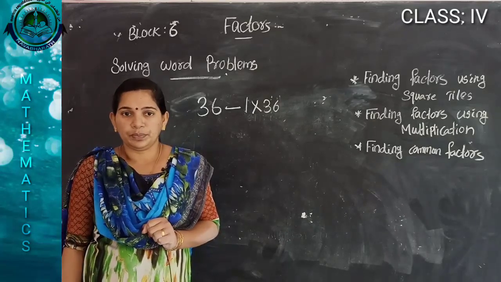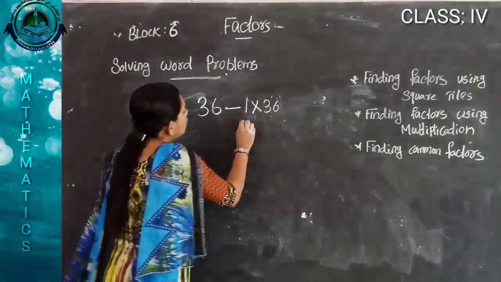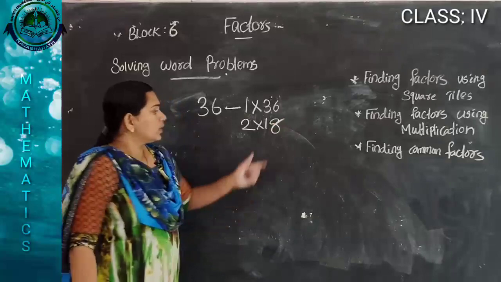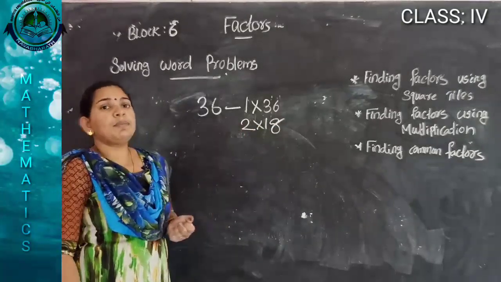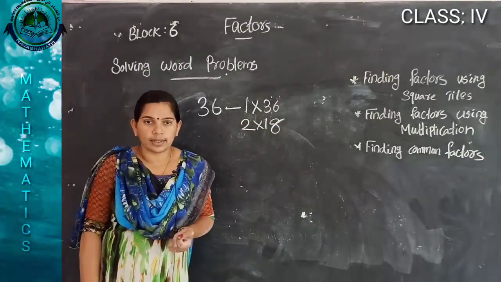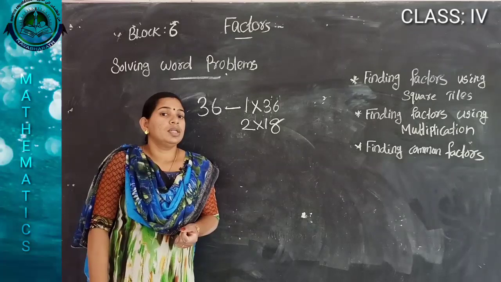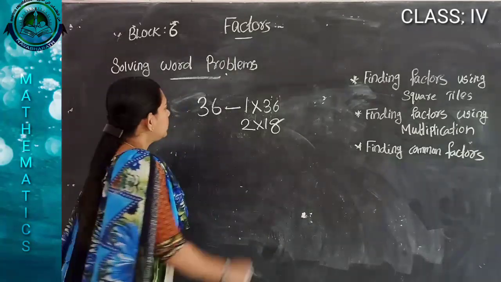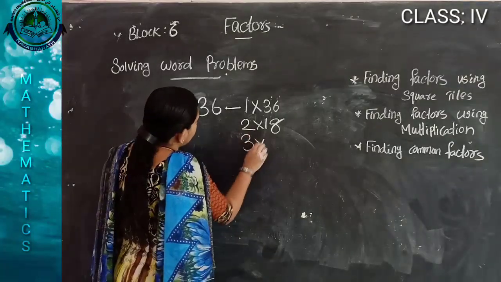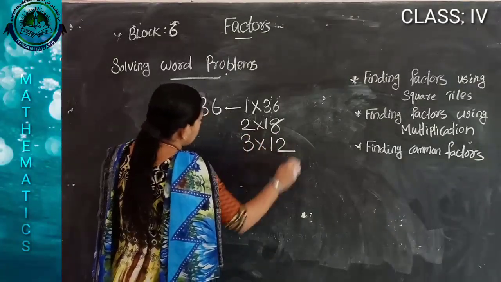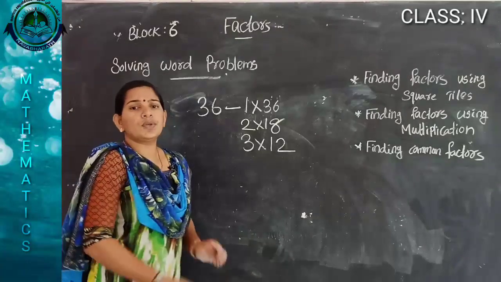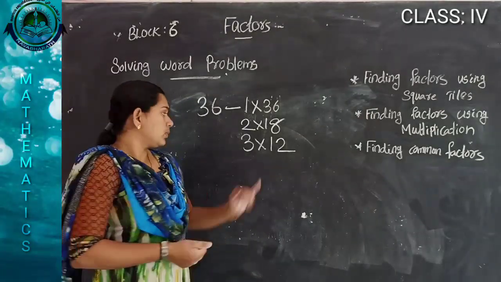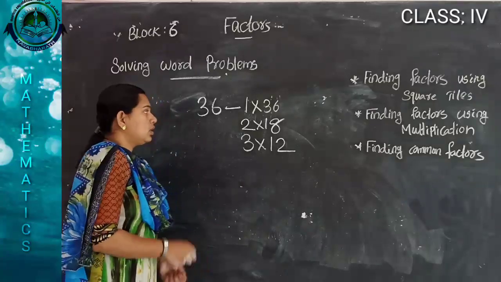Then 2 into 18. Suppose only 18 students are there. She gave 2 stamps each. Then 3 into 12. Suppose only 12 students in her class, then she gave 3 stamps.